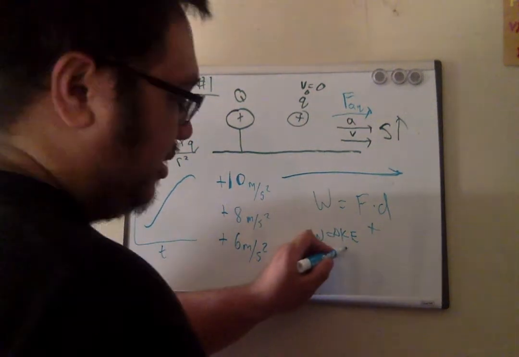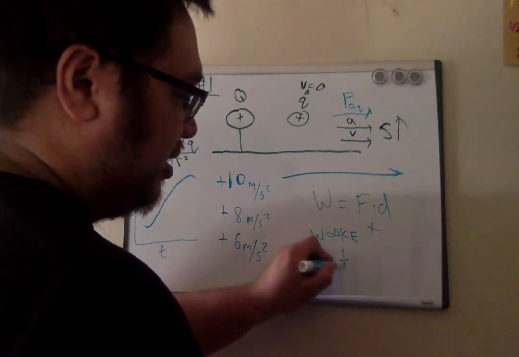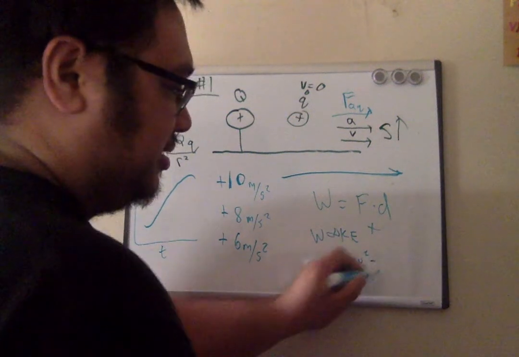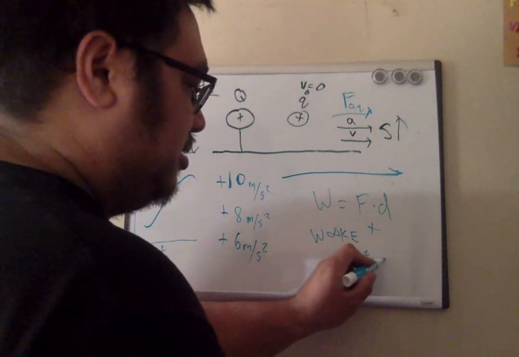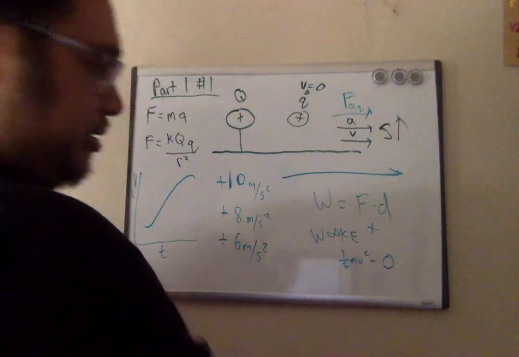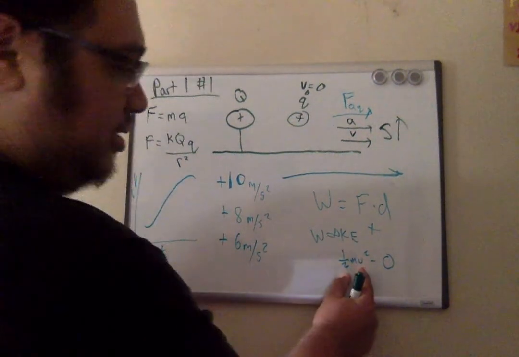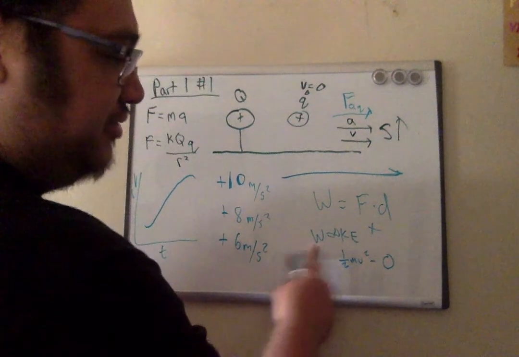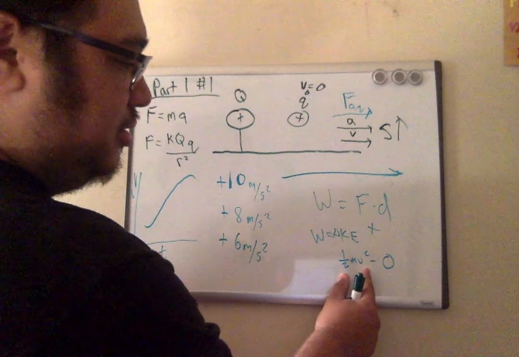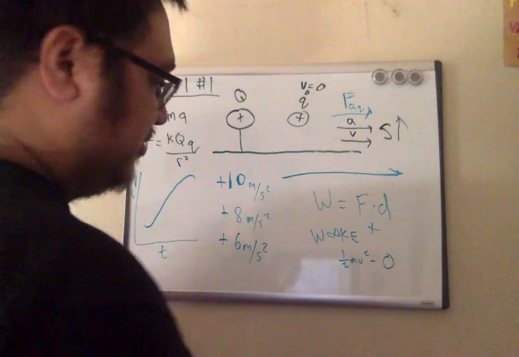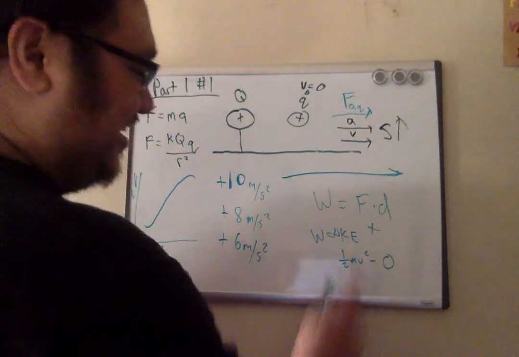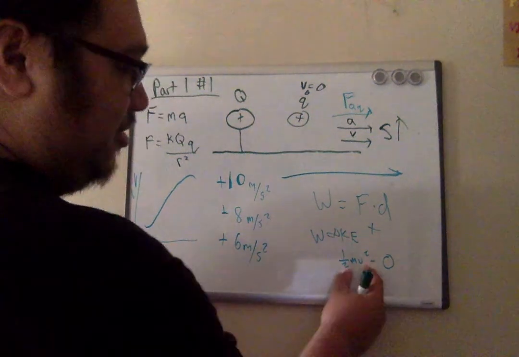Here, kinetic energy is equal to 1/2 mv squared minus initial, which in this case was 0, so this is just going to be 0. And here, because our work is positive, this will come out to be a positive number.